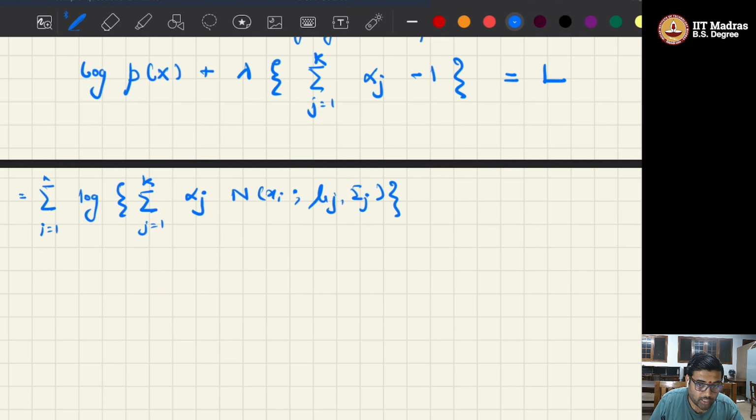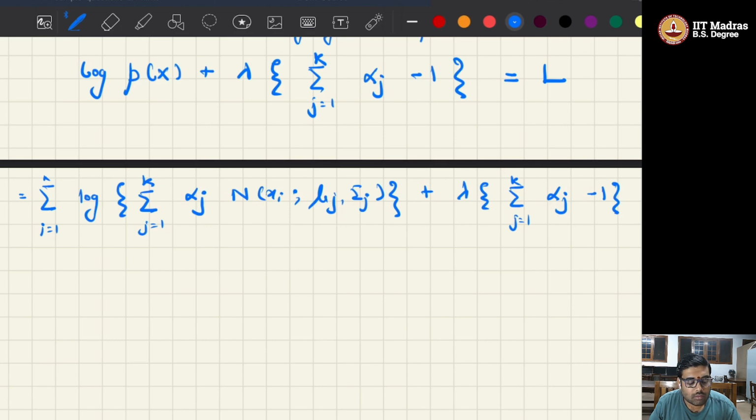This is your regular log likelihood. Now, in addition to that, you need a Lagrange multiplier. Okay. So this is the optimization function that we want to maximize.